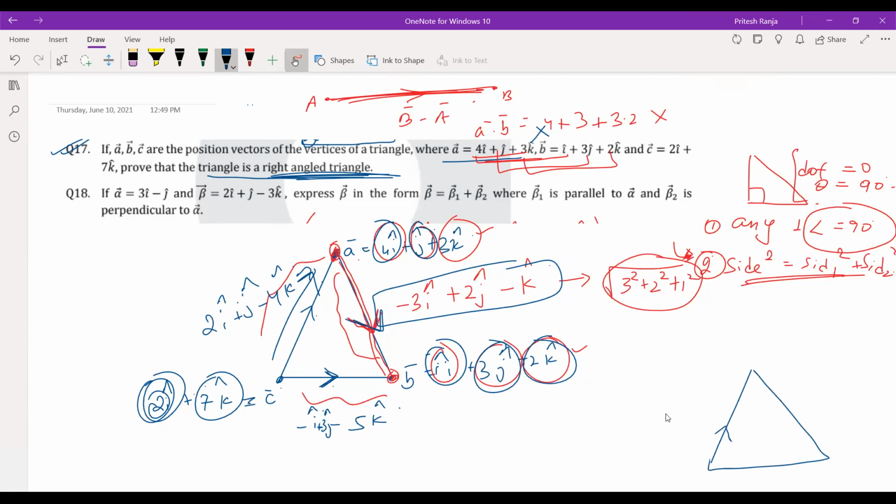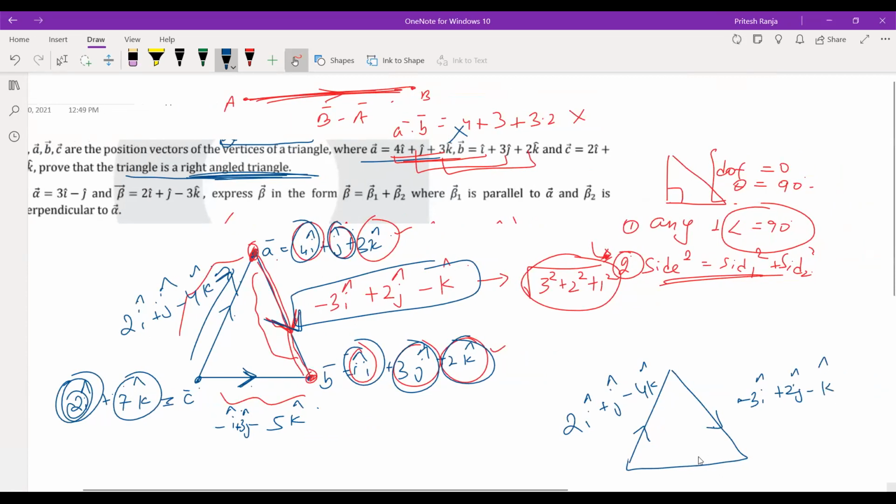So this side we have it as 2i cap plus j cap minus 4k cap. This side we have it as minus 3i plus 2j minus k cap. And then this side we have it as minus i cap plus 3j cap minus 5k cap.